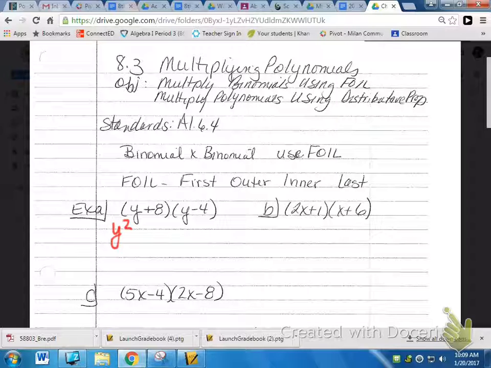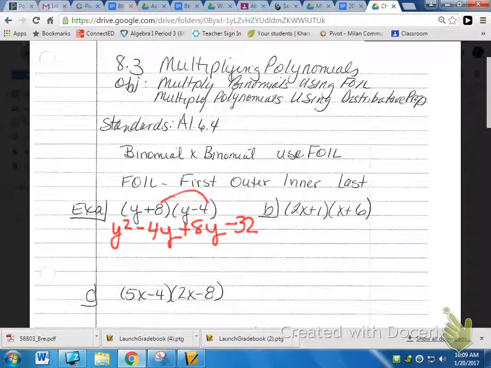There are 4 terms, the 2 on the outside, so y times negative 4, negative 4y. Inner, the 2 on the insides, the 8 and the y, would be 8y. And last, the last 2 terms in the binomials, 8 times negative 4, negative 32.